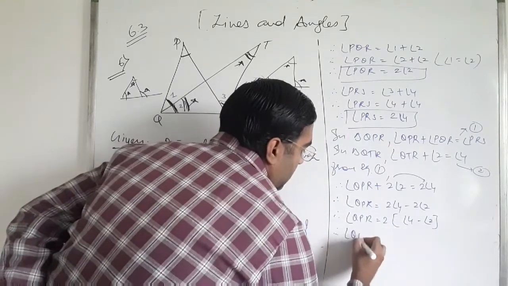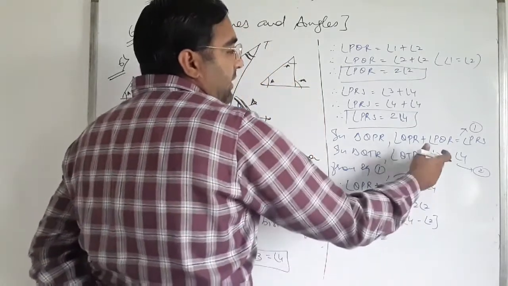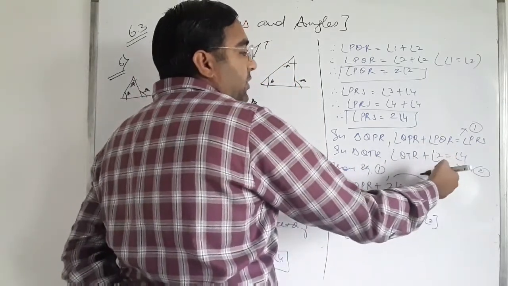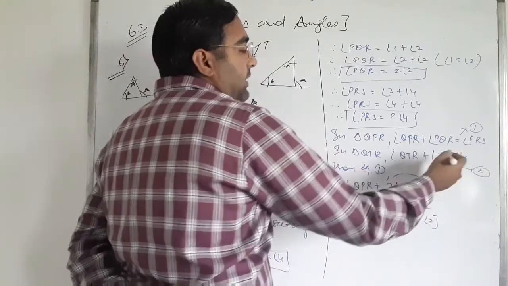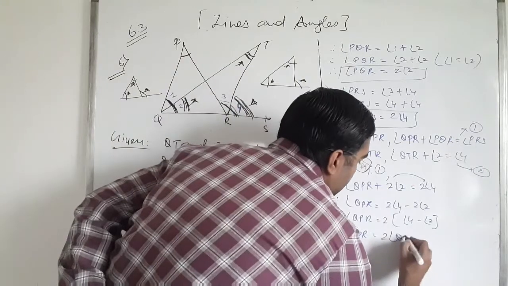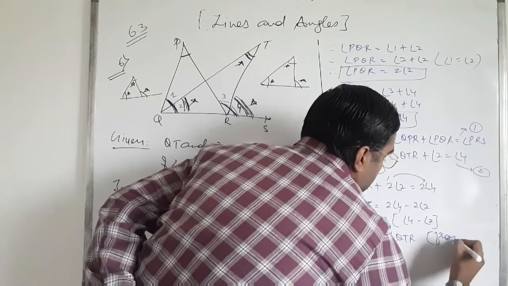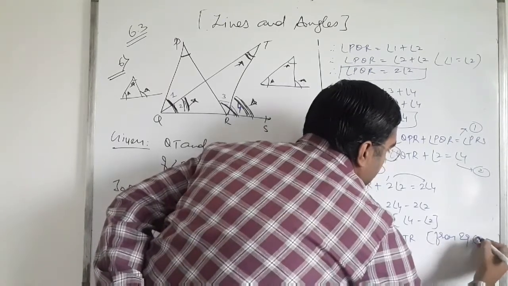Therefore QPR is equal to 2 times (angle 4 minus angle 2). Now from equation 2, we shift to the second side, so angle 4 minus angle 2 is QTR. I'll write that from equation 2.